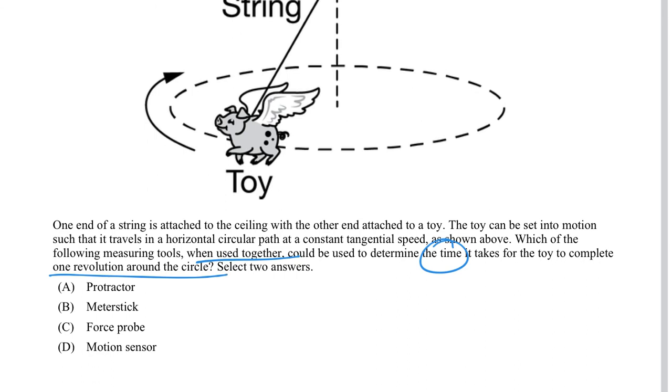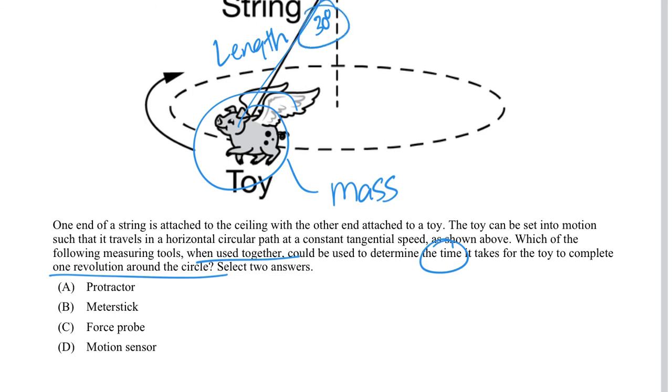So let's just think back to our problem on Friday. In our problem we were given the mass of this toy. We were given the length of the string. We were also given the angle at which this travels. So for angle, we need a protractor.